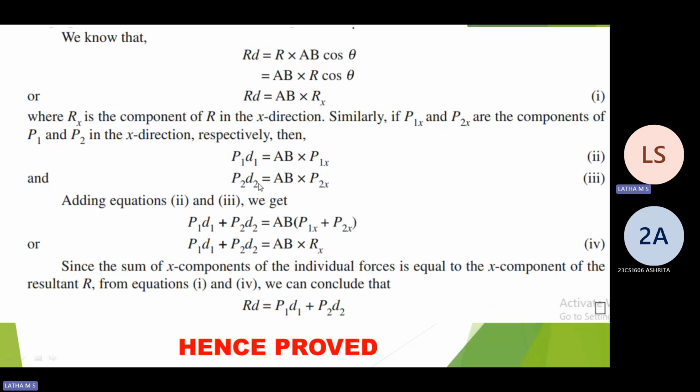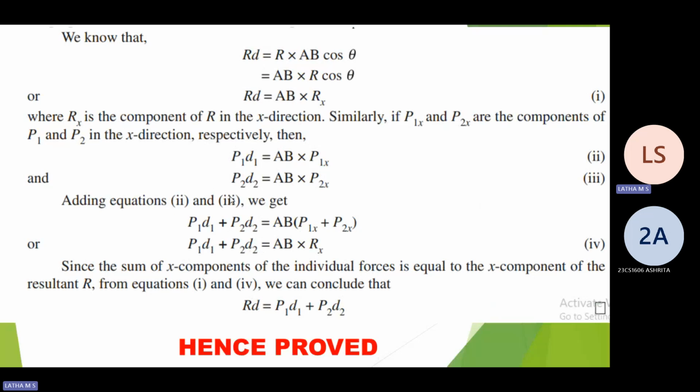So now add equation 2 and 3. What do you get? Adding two equations, you will get that P1 D1 plus P2 D2 is equal to AB Rx.